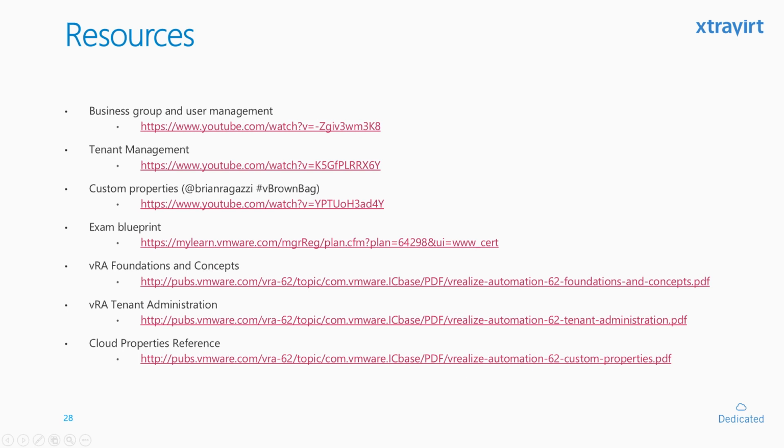I'll make this available after the broadcast is finished, but this is just a list of resources that I used for this topic when I was studying for the exam. A lot of the information is in the VMware documents.